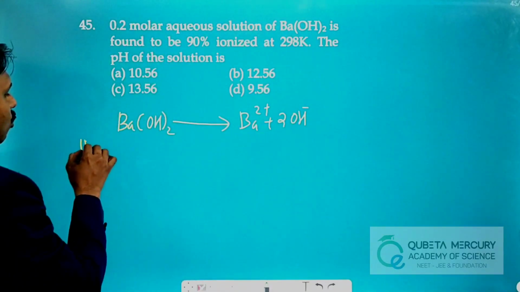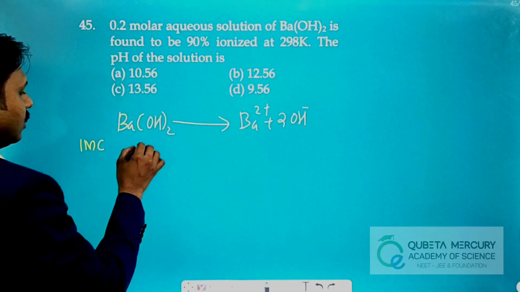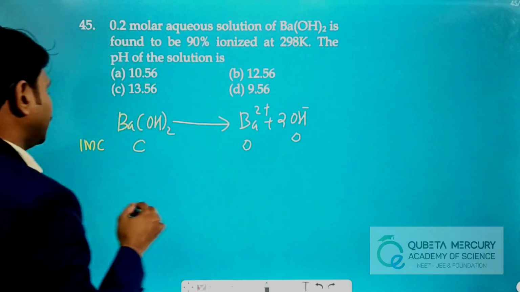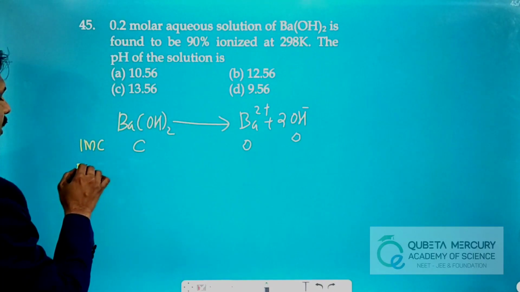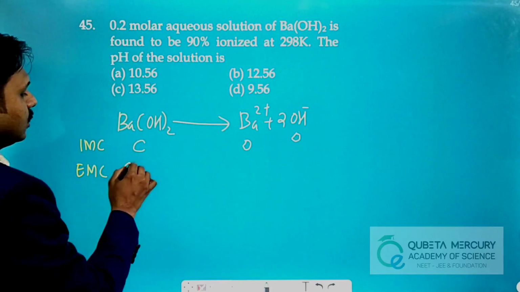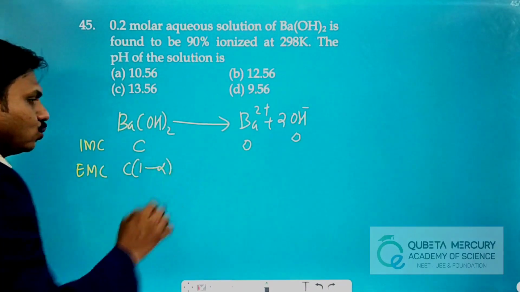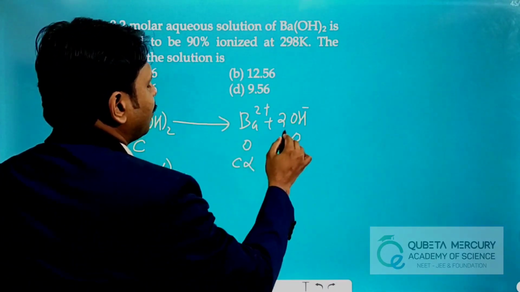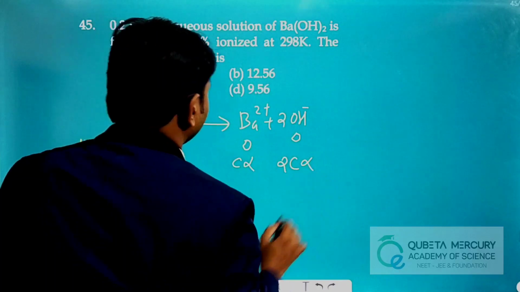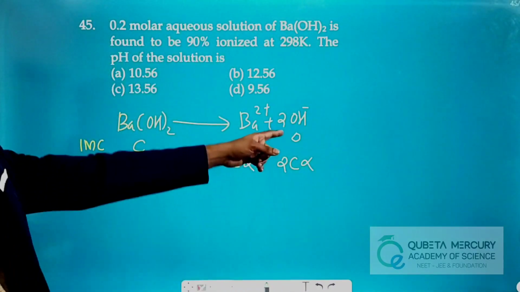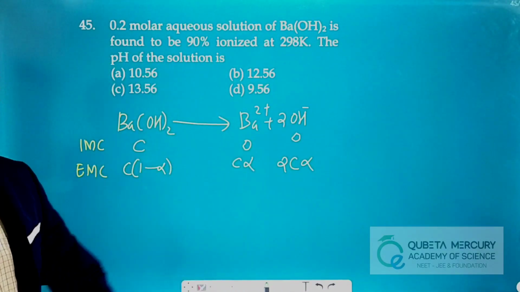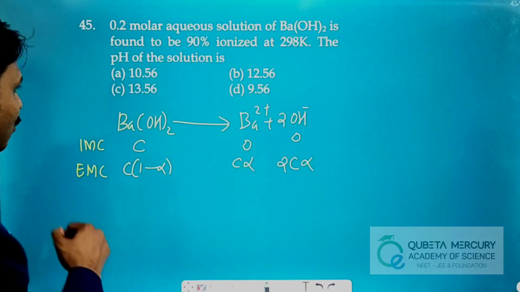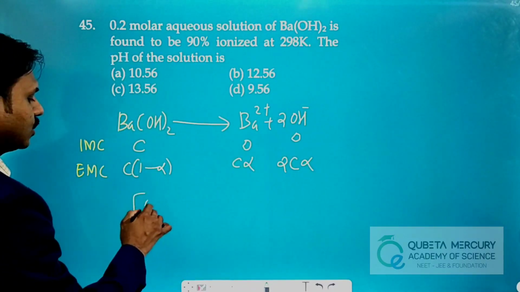The initial molar concentration is C, and 0 before ionization. At equilibrium, this is diluted to C(1 minus alpha), and here I can write C alpha and 2C alpha. Now from here we can get the concentration of OH minus, and from that we can calculate pH. That's all.